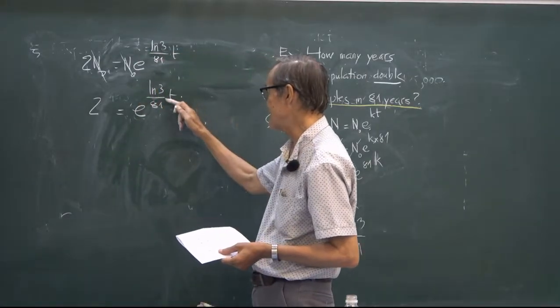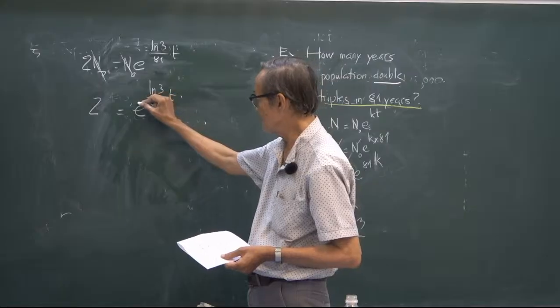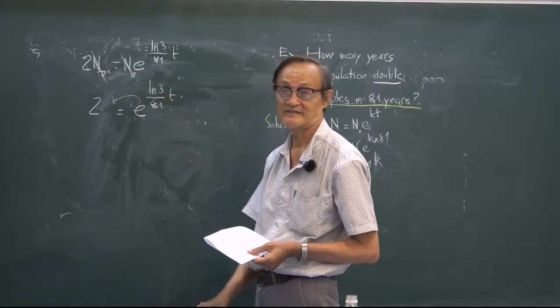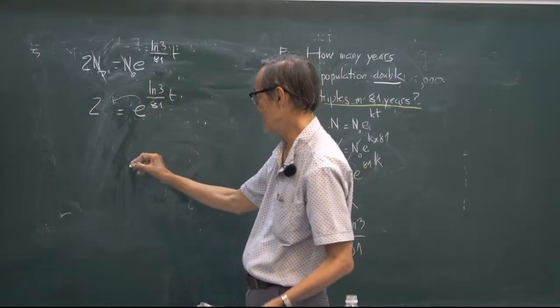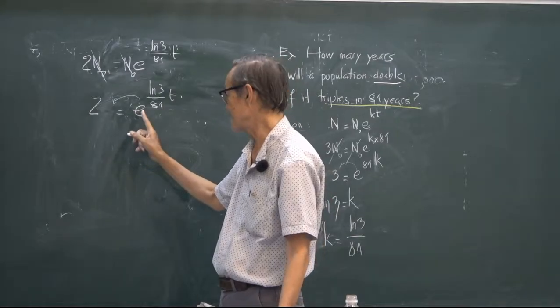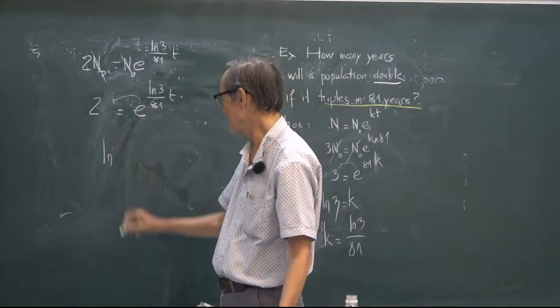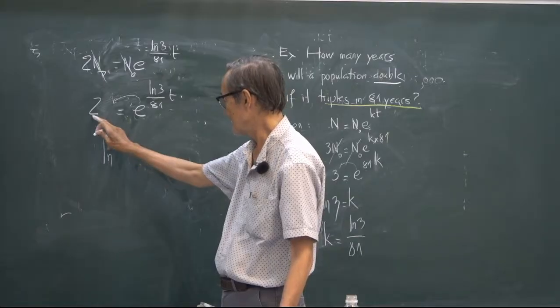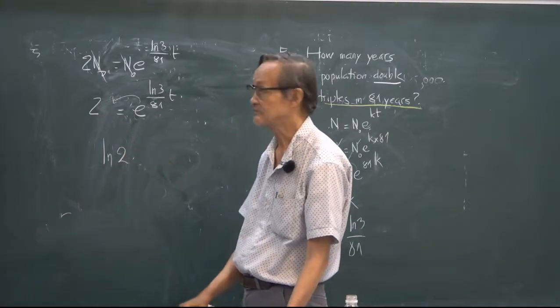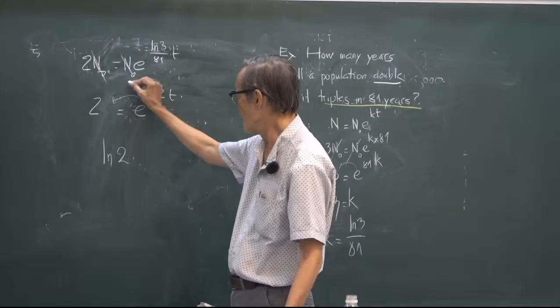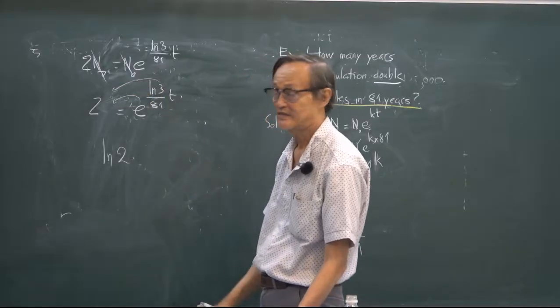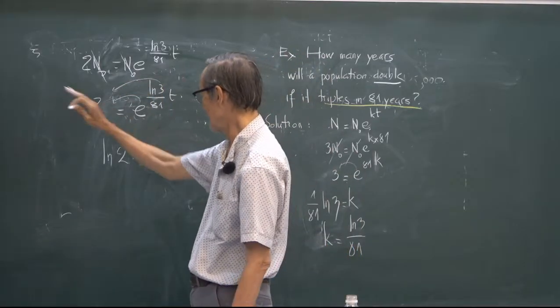To find T, we have to move this function to the left hand side. Its inverse function, natural log of this, and move this factor to the left hand side.